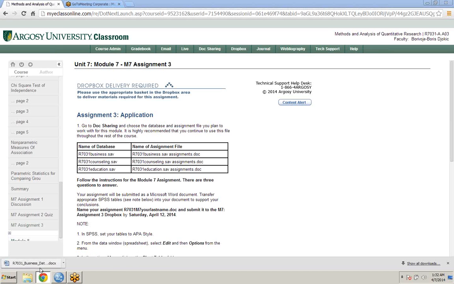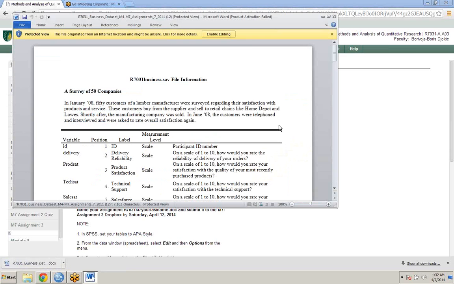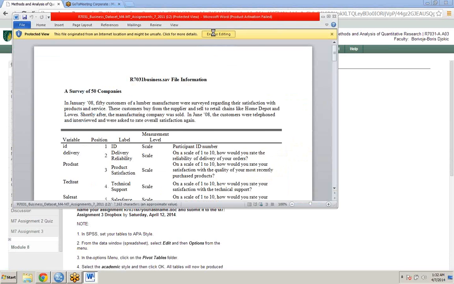And the description is in the R703 business or counseling or education file that's in doc sharing. So I can look at it and I will go through what it is asking me for Module 7.